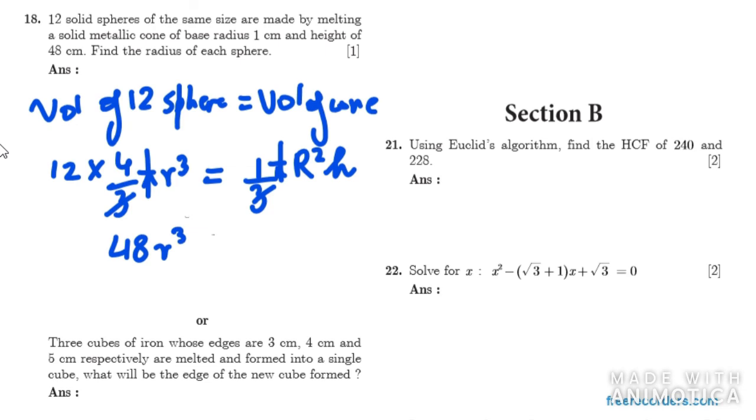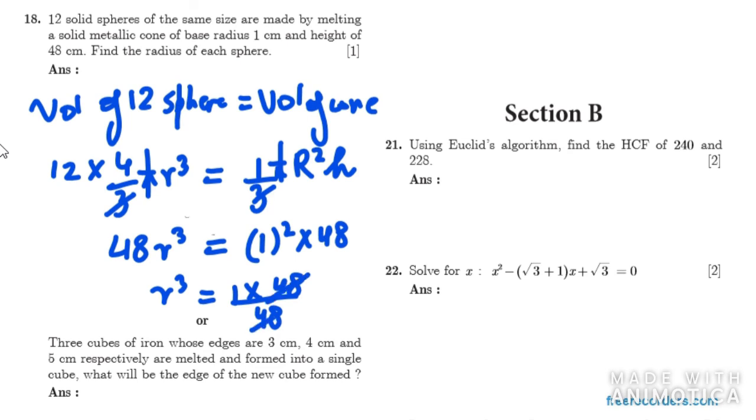R in this case is 1, so 1 square into height is 48. So r cube is equal to 1 into 48/48. So 48/48 gets cancelled out and we are left with 1. So radius of each sphere be 1 centimeter.